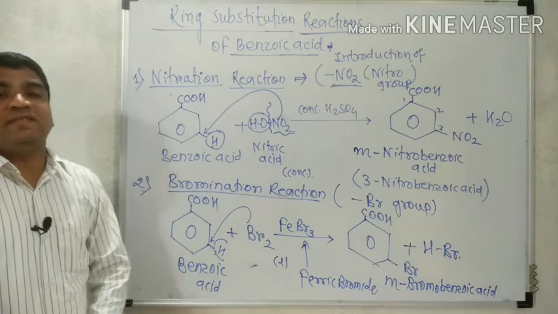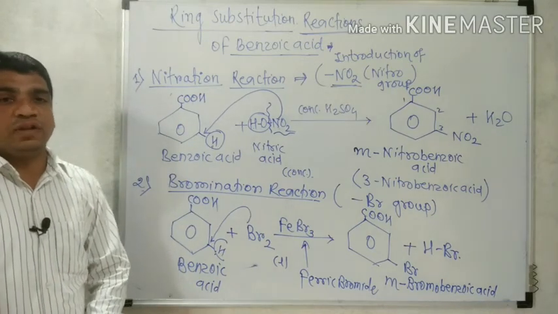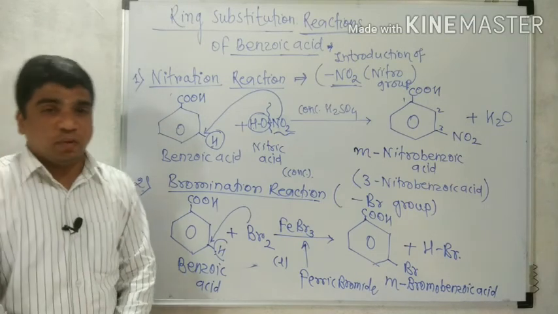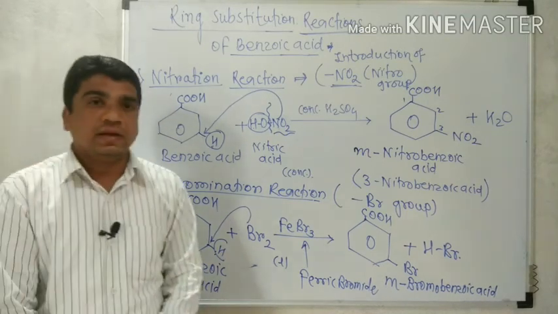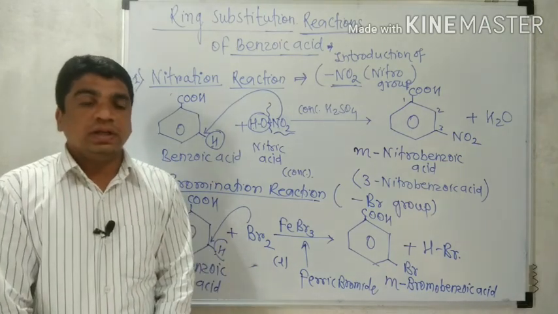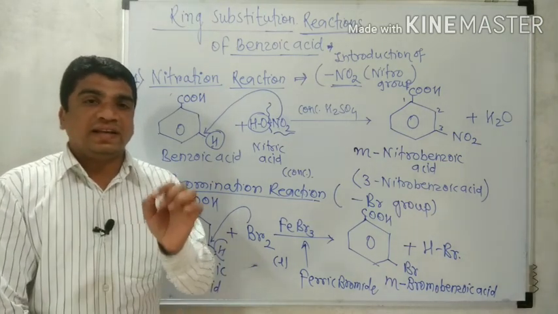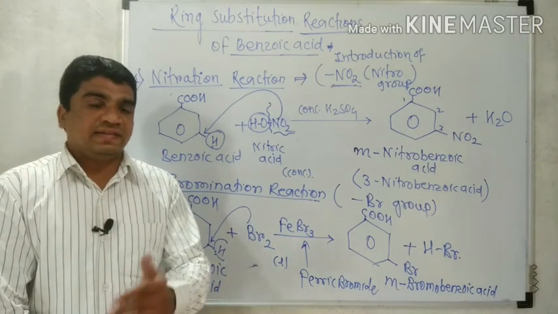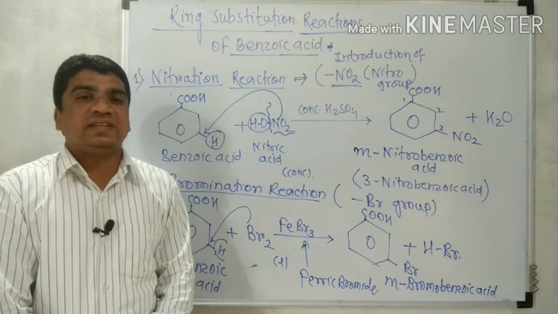Remember these two ring substitutions for benzoic acid. Now, after this topic, after this reaction, we have completed the chapter on aldehydes, ketones and carboxylic acids. We will discuss the next chapter in the next video.